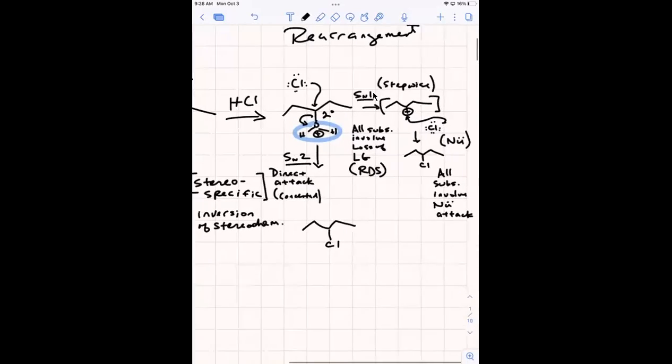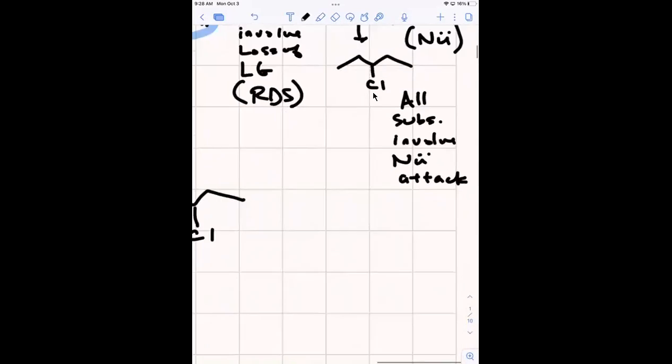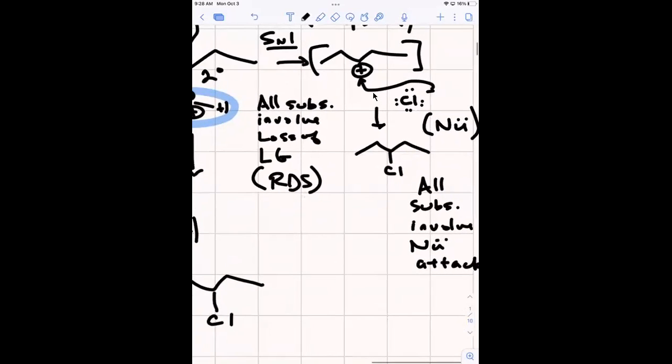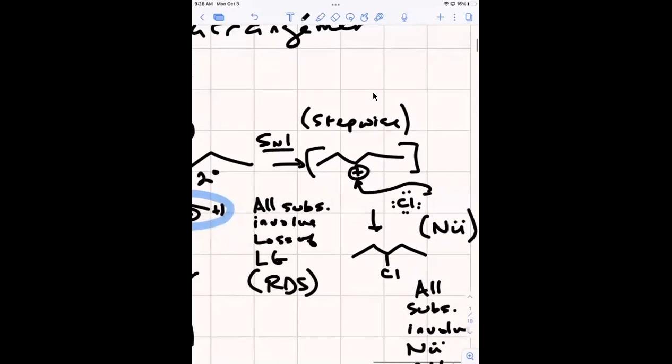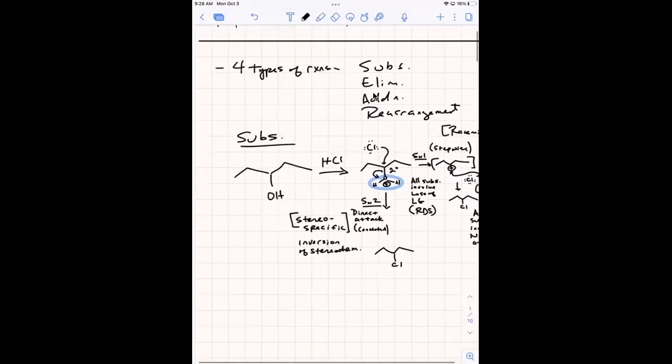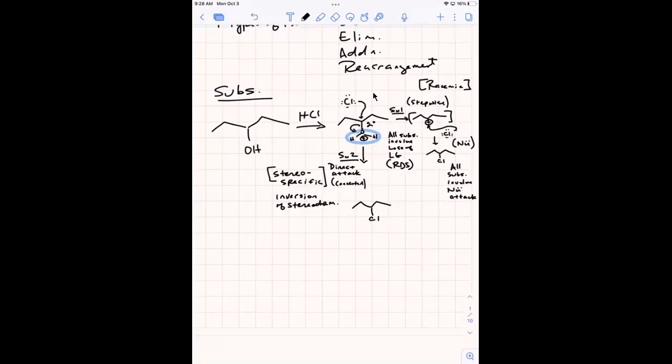You're going to get inversion, and then over here, if it's an SN1 type, then you'll get a racemic mixture. So that's for substitution. Loss of leaving group is the rate determining step. It can happen either by direct attack or in a stepwise fashion. It's going to be stereospecific.